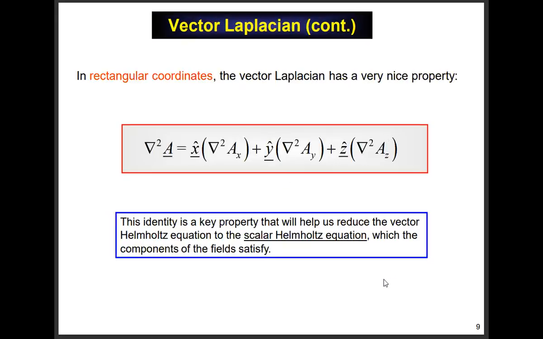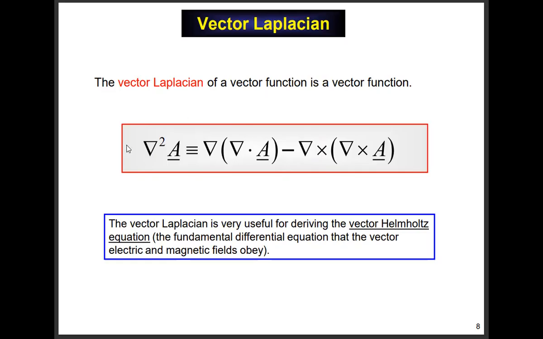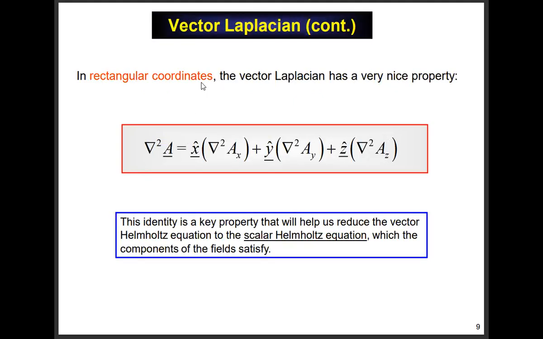Now let me give you one more interesting thing about the vector Laplacian. This is not obvious either. This is the definition of it, but let me give you one interesting property of it. This property holds in rectangular coordinates, not cylindrical or spherical.